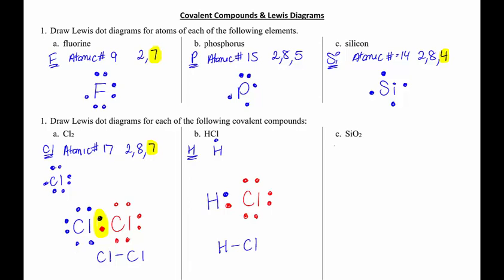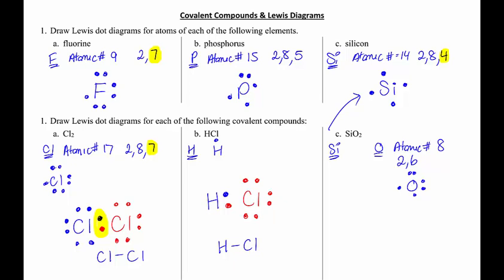Next, silicon is represented up here. Oxygen has an atomic number of 8. So 2 electrons in the first energy level, 6 in the second. So oxygen is going to look like 1, 2, 3, 4, 5, 6.